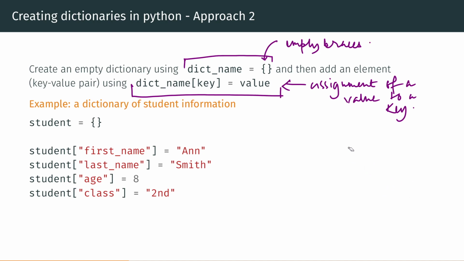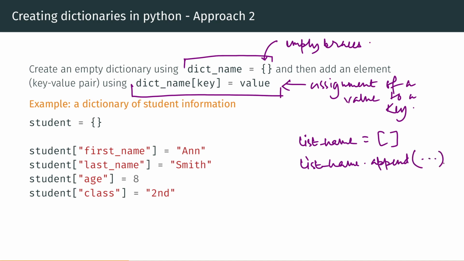You'd say list name equals an empty list, and then you would say list name dot append. You use this function, dot append, and then you append whatever you want to add to the list. So this is more equivalent in terms of equivalence.